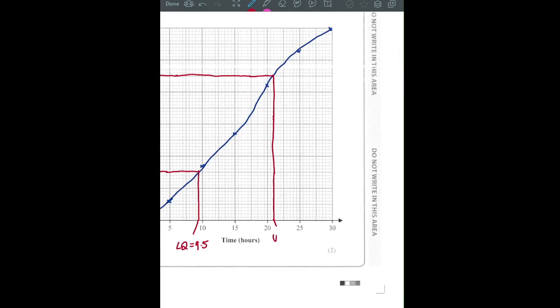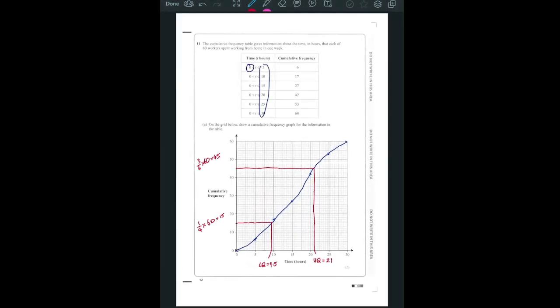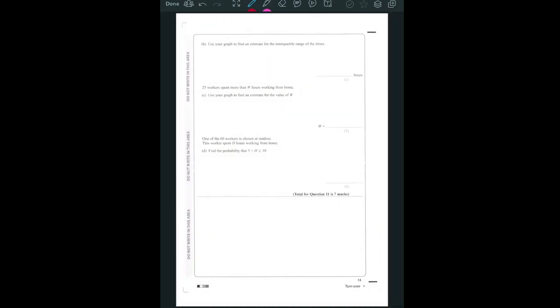And that is going to be my upper quartile. That's 2 boxes. Each box is worth a half, then 2 boxes is worth 1. So my upper quartile is 21, my lower quartile is 9.5. So my interquartile range is the upper minus the lower. Do that in your calculator, gives you 11.5. 11.5 hours as my interquartile range.